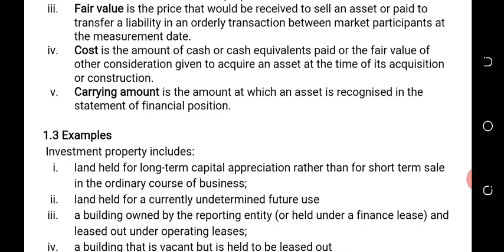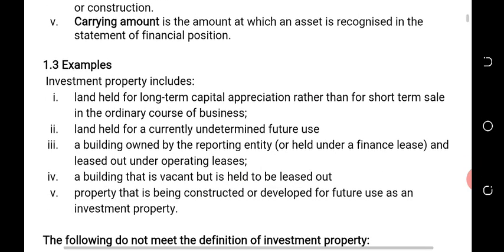Now, what is the carrying amount? Carrying amount is the amount at which an asset is recognized in the statement of financial position. As you all know, carrying amount is your cost minus accumulated depreciation and any impairment losses.